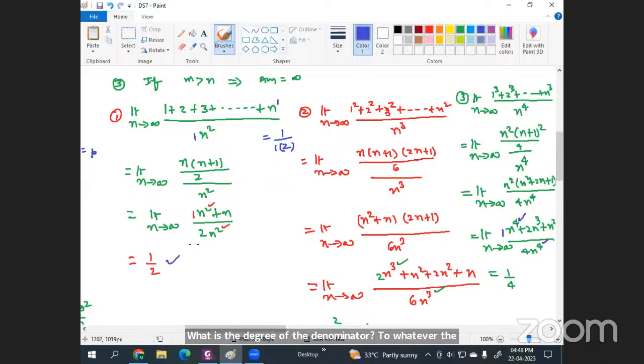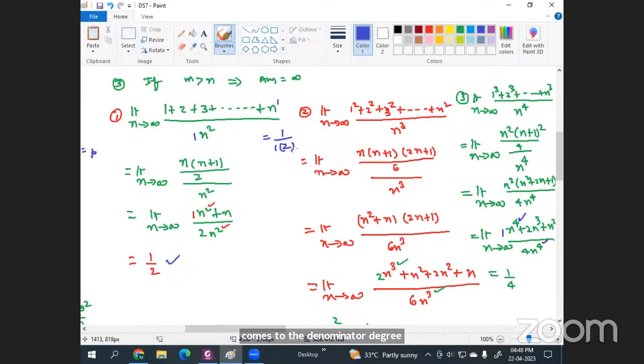That is your answer. 1 by 2 we got it. Correct? Is it clear, all of you? What we need to do is, last term degree 1 and denominator degree 2. The difference between them is 1. If it is 1, then only we can apply our rule. So 1 in the numerator. Then comes the denominator degree. What is there?